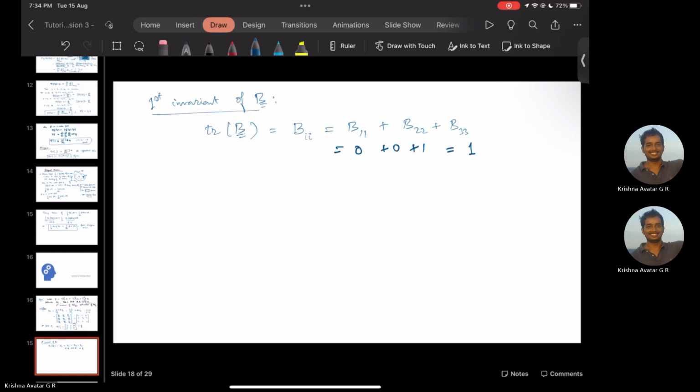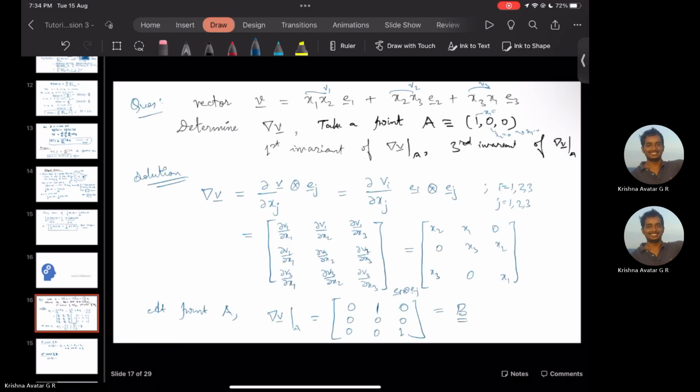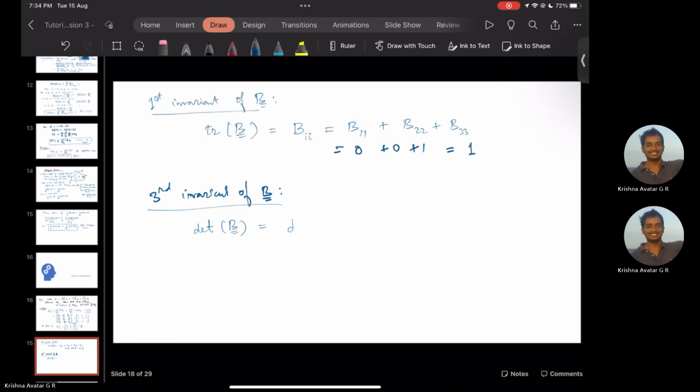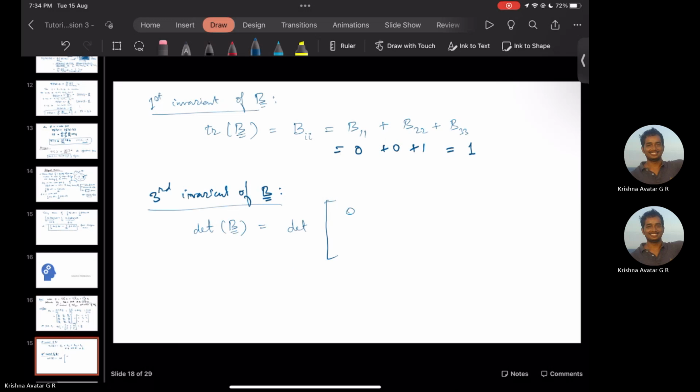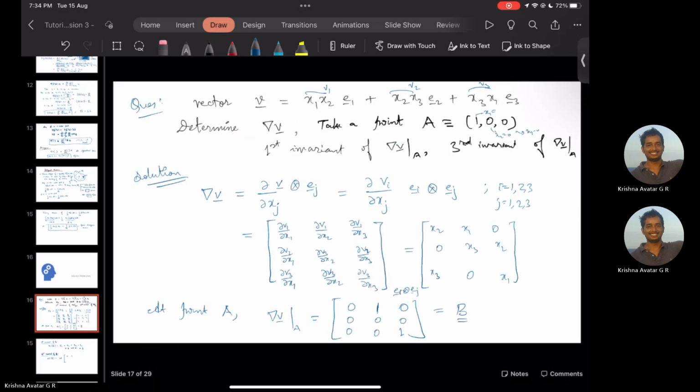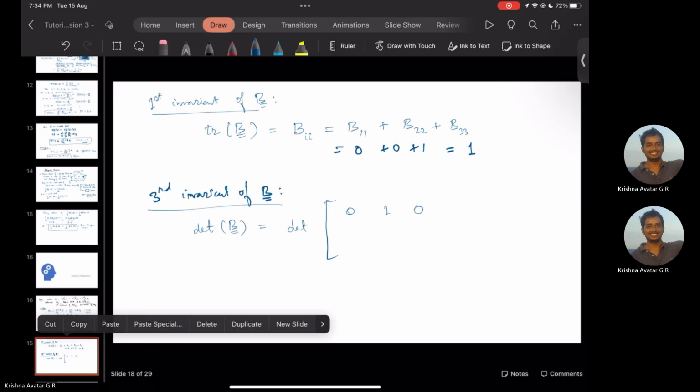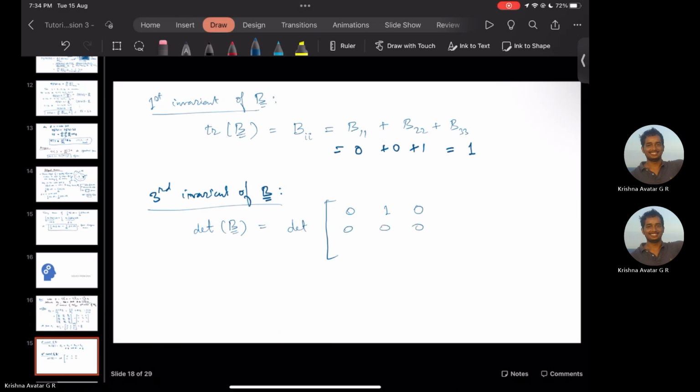Now the second thing is the third invariant. What is the third invariant? The third invariant is also called the determinant, the determinant of B. You know very well how to compute a determinant, right? For the third order matrix, we have 0, 1, 0, then 0, 0, 0, and then 0, 0, 1.